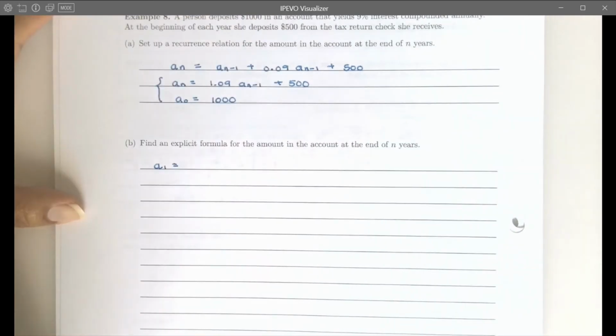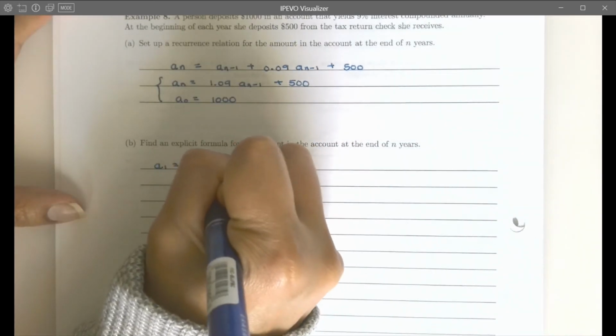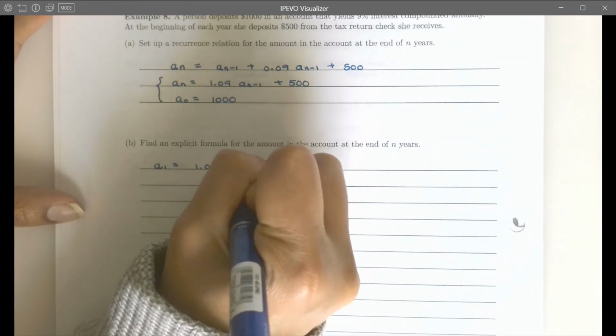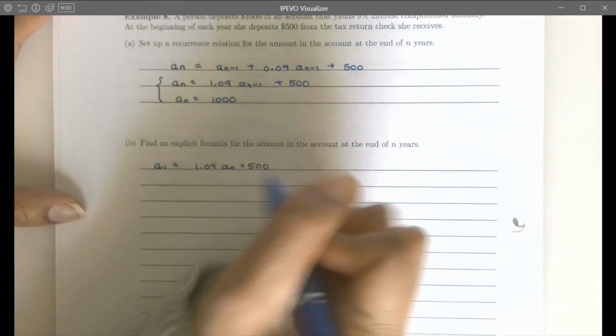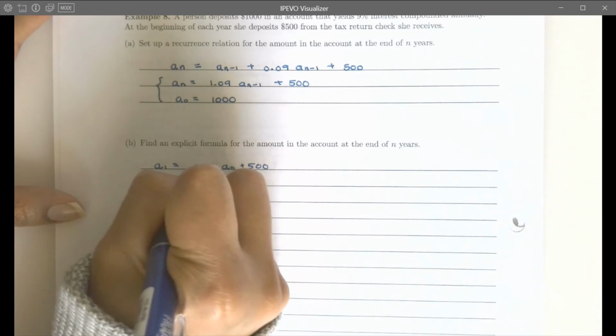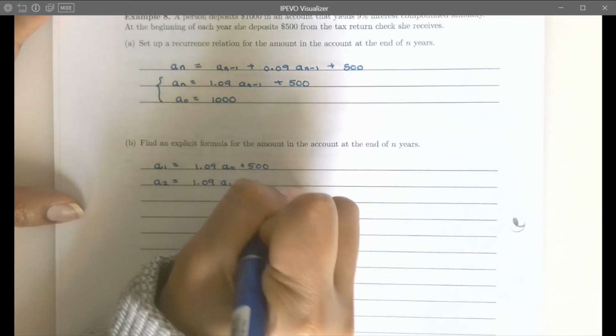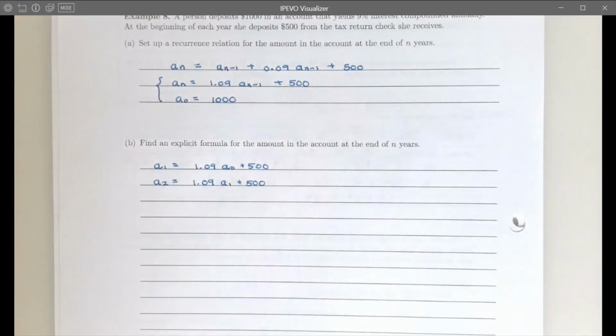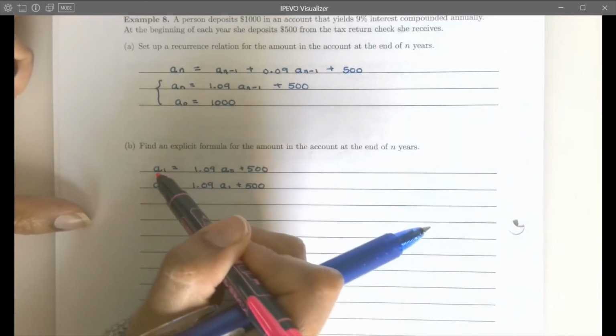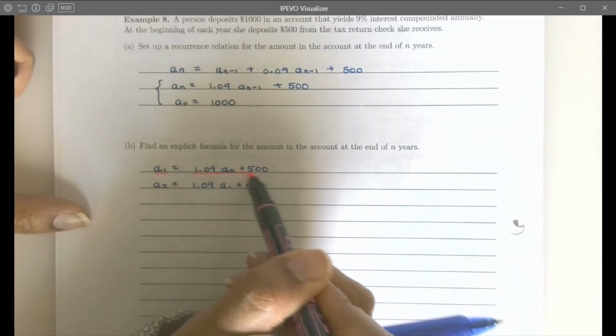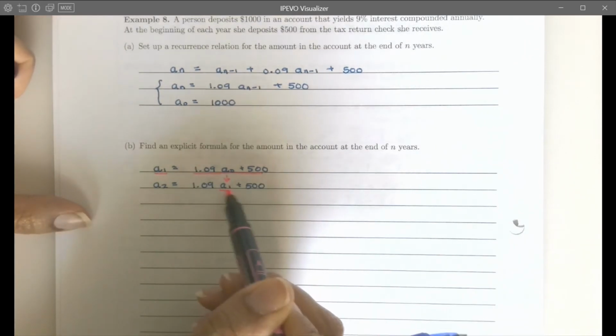So A1 is going to be 1.09 times A0 plus 500. A2 is going to be 1.09 A1 plus 500, but we are going to plug in this expression that we got for A1 into here.